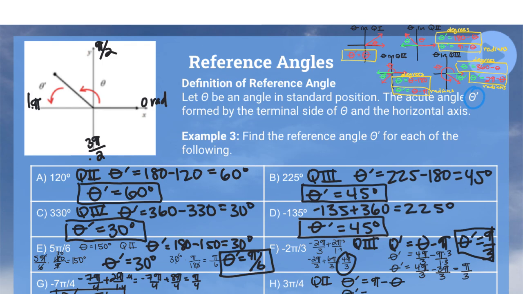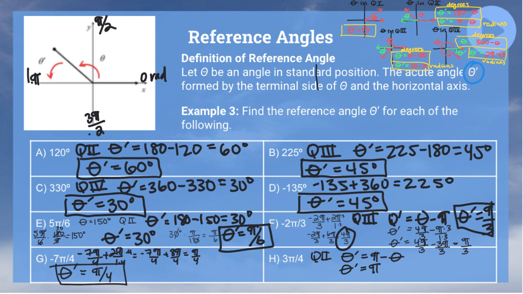So theta prime equals pi minus 3 pi over 4, and we need to get a common denominator. So we multiply top and bottom here by 4, and that would be 4 pi over 4 minus 3 pi over 4. So that's just pi over 4 as our theta prime.